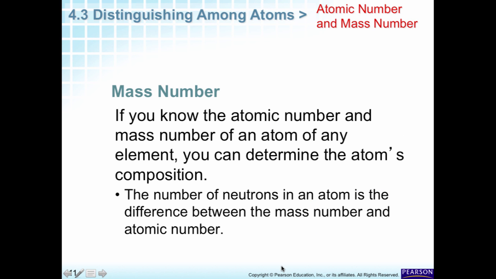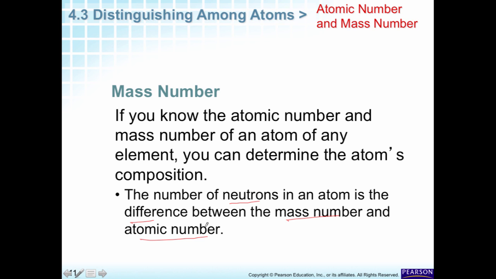So if you know the atomic number and mass number of any atom of any element, you can determine the atom's composition, because from that you can tell what? You can tell the number of neutrons, because it's the difference between the mass number and the atomic number. So you subtract the atomic number from the mass number. That gives you neutrons.